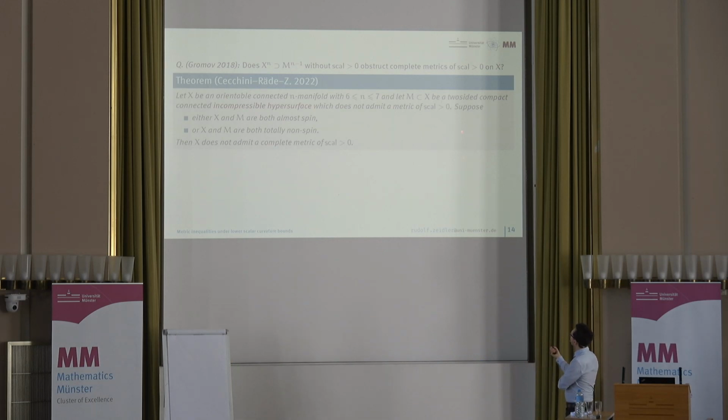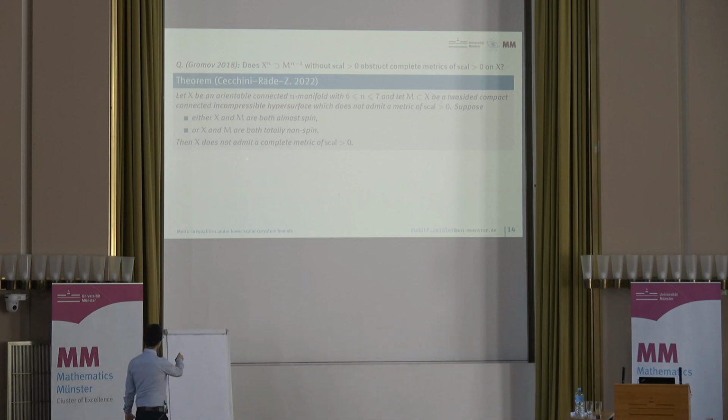And then we have an additional topological condition related to spin structures, which says that either X and M are both almost spin, meaning that the universal coverings are spin, or both of them are totally non-spin, meaning that universal coverings are not spin. So they have to behave in the same way with respect to the spin condition. Then we can conclude that X does not support a complete metric of positive scalar curvature.